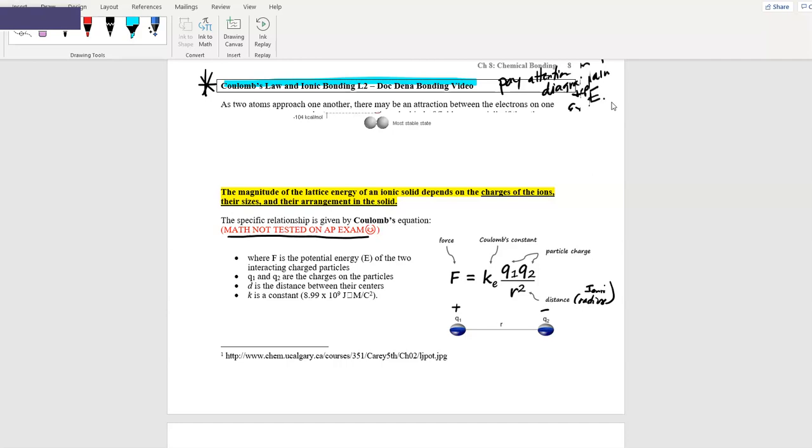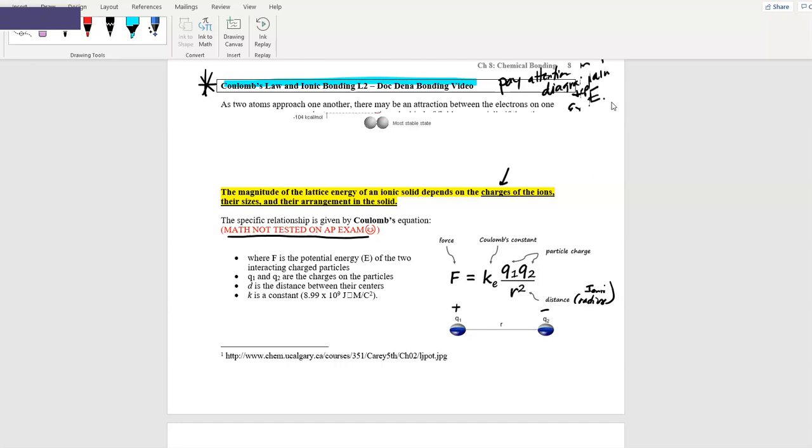Okay? So like I said, not doing the math, but some students like to use this equation to explain. And if it makes sense to you, that's fine, but make sure you explain it correct. So the magnitude of lattice energy for an ionic solid depends on the charges of the ions, their sizes, and the arrangement. That is literally all about lattice energy.